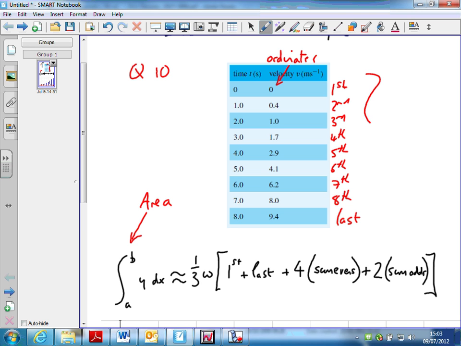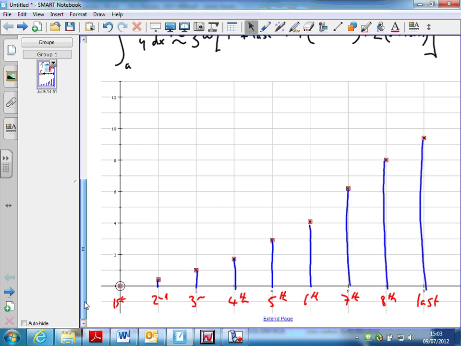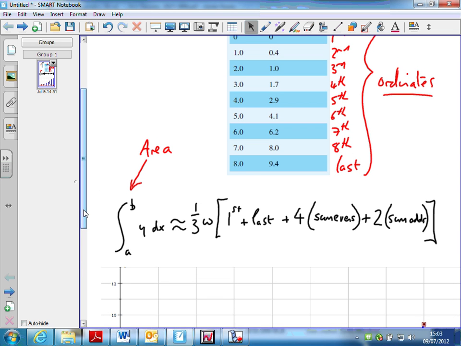So these are the ordinates. So you don't need to plot it for this particular question, but I have plotted it so you can see those values on the graph and the strips it's been divided up into.